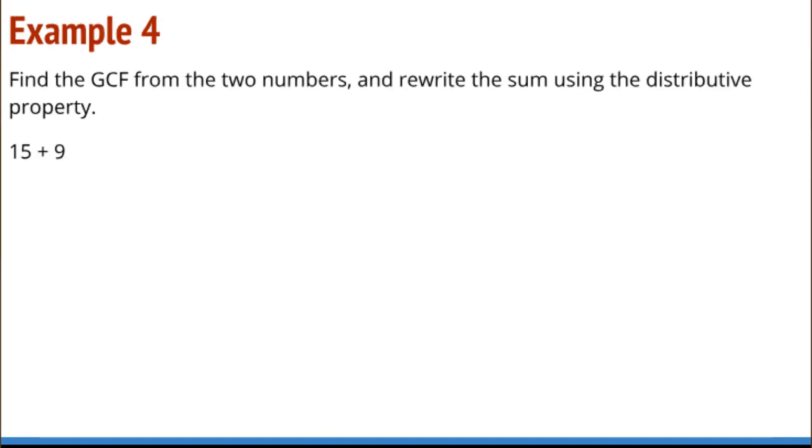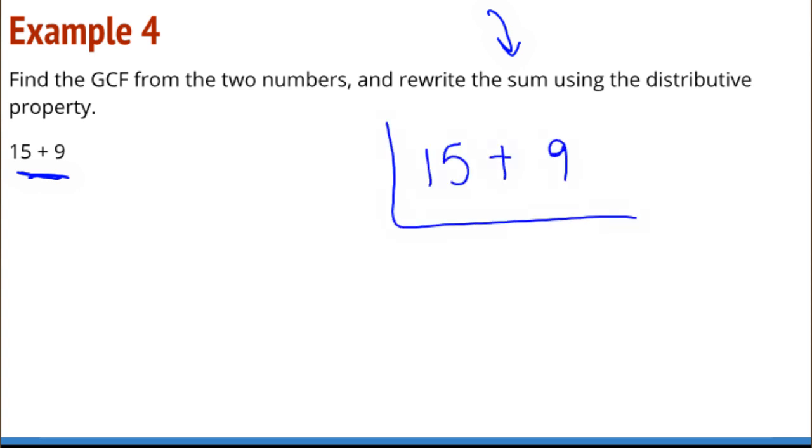All right, now, this is kind of our next step in using greatest common factor. We are going to find the greatest common factor of the two numbers, and we are going to rewrite the sum using the distributive property. So we want the greatest common factor of 15 and 9, and we're going to use that to rewrite this. And this is where I really love the upside down cake method, because I've just copied down the 15 plus 9, and I've asked myself, what can I divide both of these by?